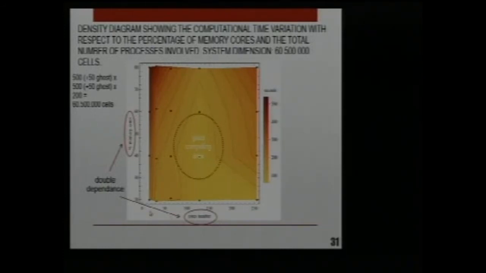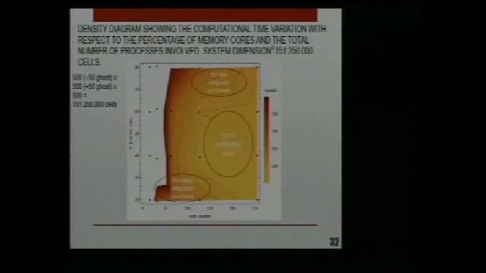This is what we have done. We basically consider the number of cores and the percentage of the memory cores. For example, here very few, and here a lot. We record the computing time, and we found the optimal division of cores. It is reported here for 60 million cells, which means 500 by 500 by 200 cells in our phase space.